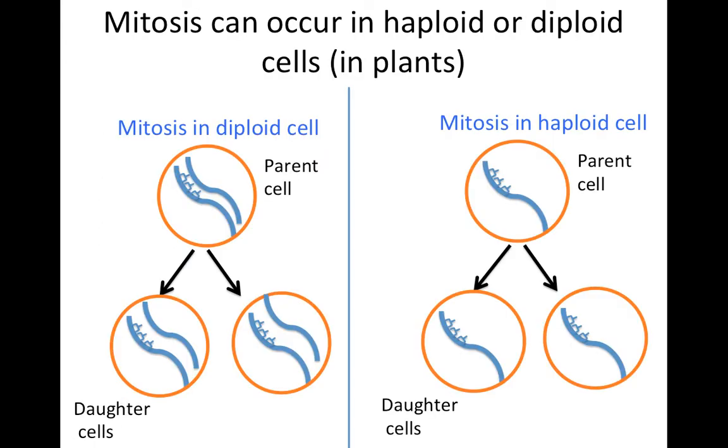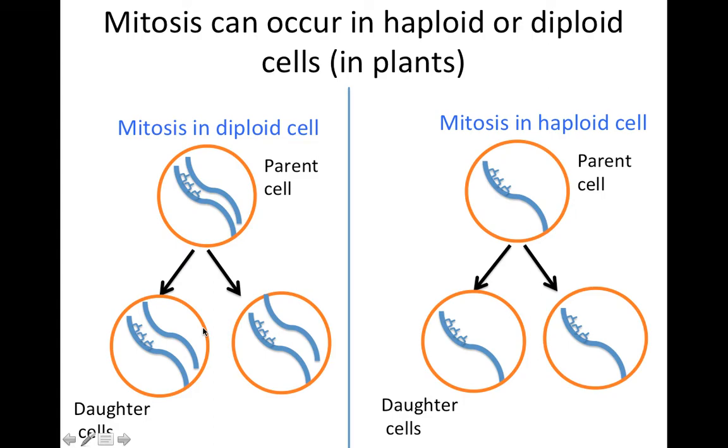So let's look at this on a diagram. We'll start on the left-hand side, and let's look at the process of mitosis in a diploid cell. This is a diploid cell with one chromosome set, and so there's two chromosomes that are copies of each other. This one came from one parent, the other chromosome came from the cell's other parent. Now when this cell divides by mitosis, it's going to create two daughter cells, one over here, one over here.